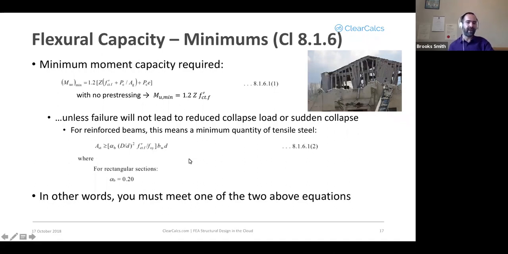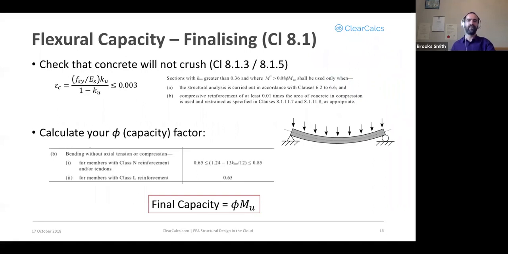Now, the overall effect of the minimums defined here is that you need to meet one of the two equations shown here. And usually it's going to be the second one that you meet, but you can meet either. So finalizing for your flexural capacity, you're going to check that your concrete won't crush.